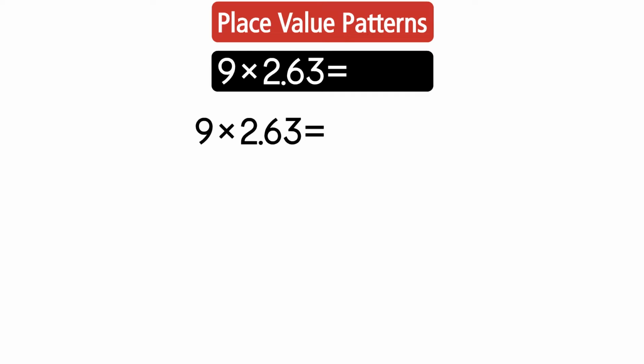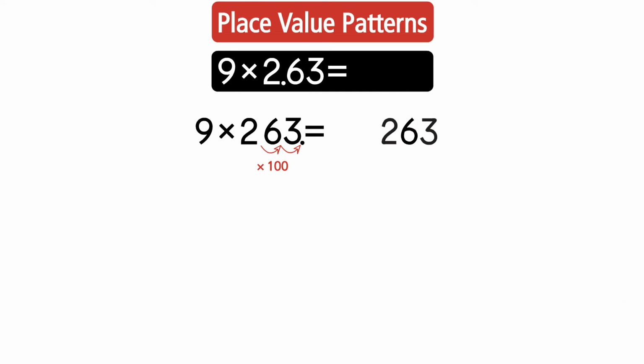In order to multiply these numbers as if they were whole numbers, we need to move the decimal point 2 places to the right. We can do that if we multiply 2.63 by 100. We get 263. Now it looks like we have two whole numbers, 9 and 263.